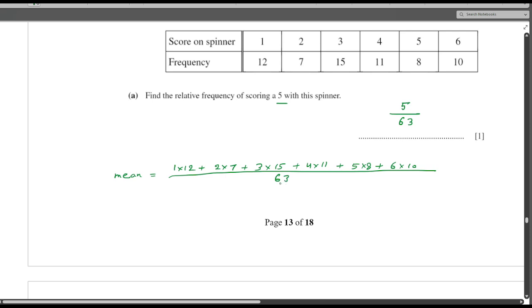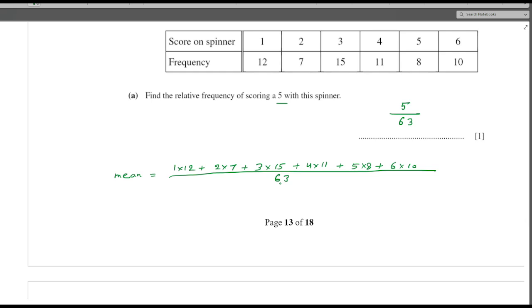So let me do the calculation. It is 12 plus 14 plus 15 3s are 45 plus 11 4s are 44 plus 8 5s are 40 plus 6 tens are 60, whole divided by 63. So the result is 3.413.